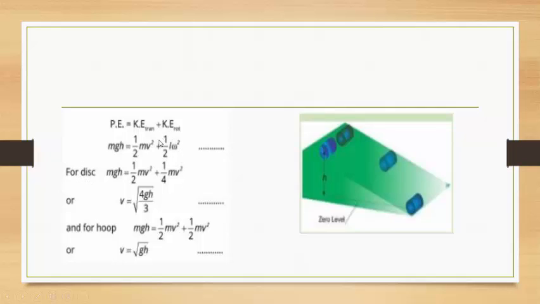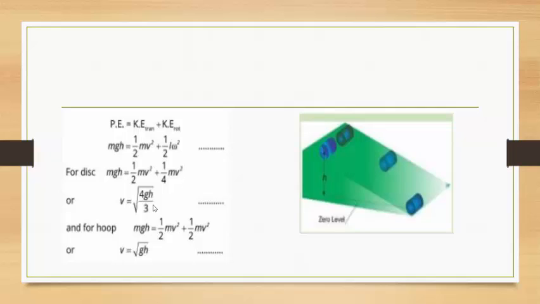We have just calculated the kinetic energy rotational for a disk, which was 1 by 4 mv square. So we have inserted the value of kinetic energy for a disk here, and after simplification we get v is equal to under root 4gh by 3. The velocity of the disk at the bottom of the inclined plane will be equal to the square root of 4gh divided by 3.